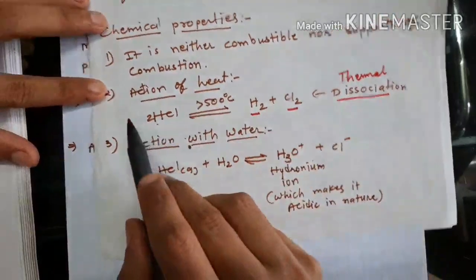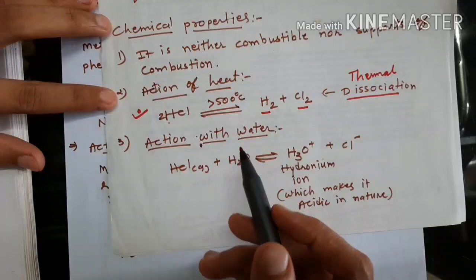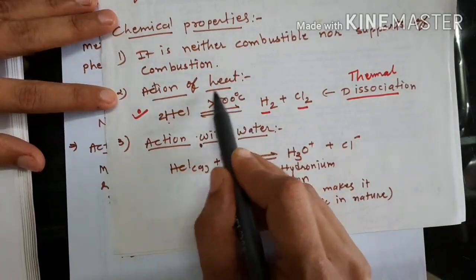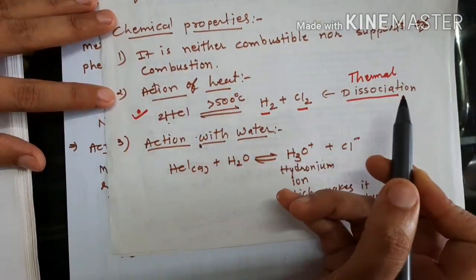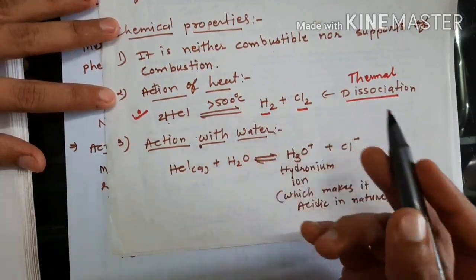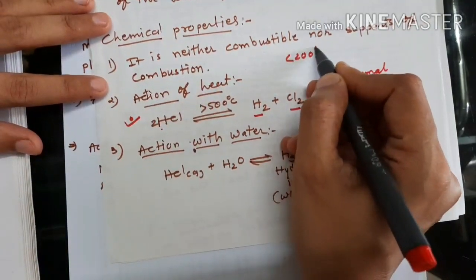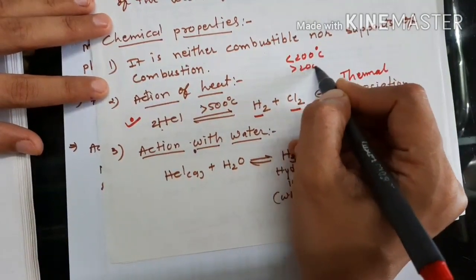Okay, this question may come as fill in the blank or complete the reaction, where the temperature is given. If the temperature is given beyond 500 degree centigrade, because we already learned in the preparation of HCl, more than 200 degree centigrade or less than 200 degree centigrade.